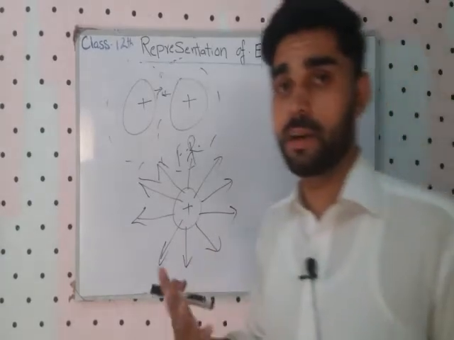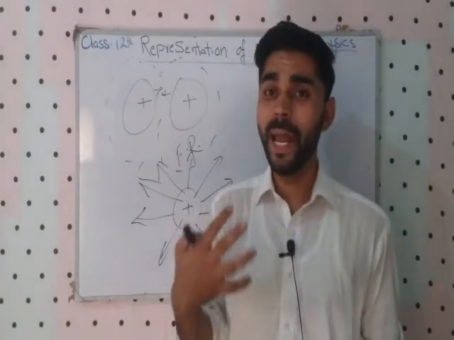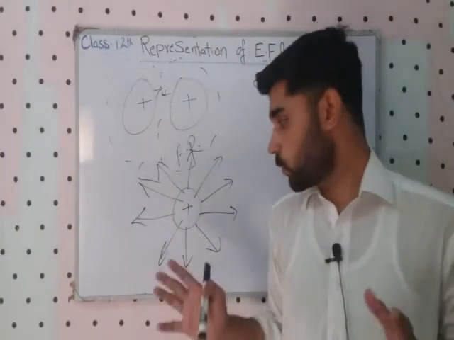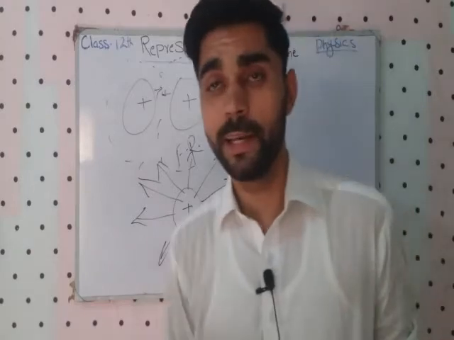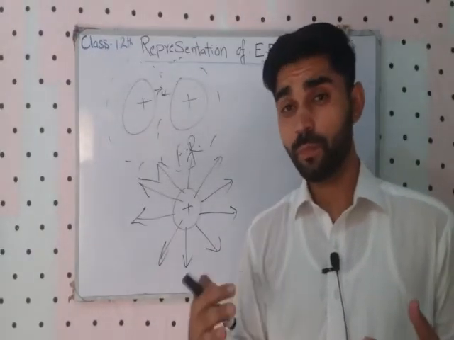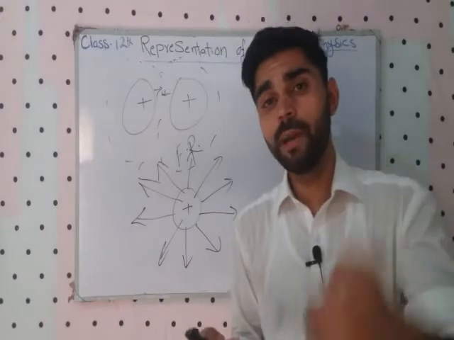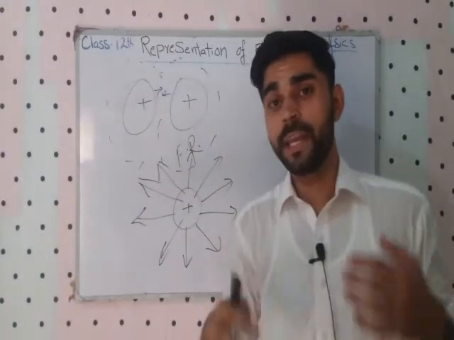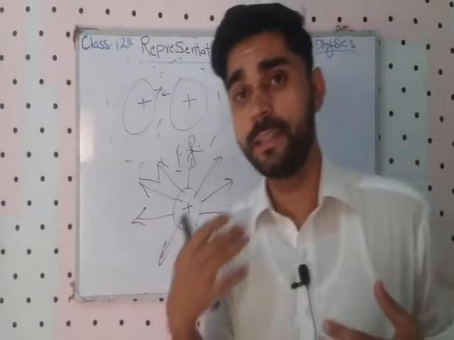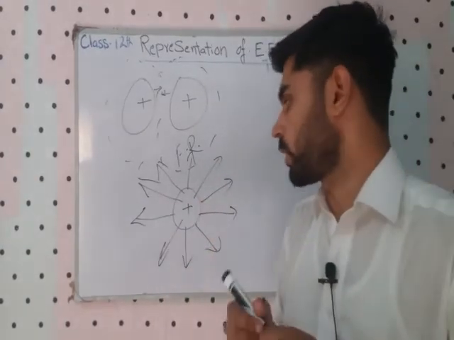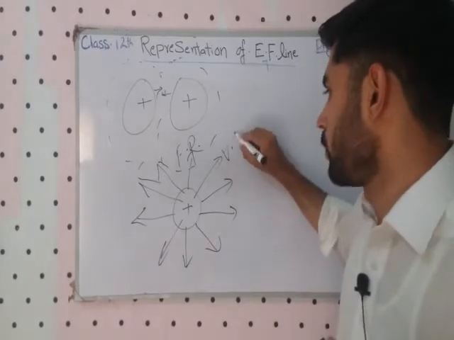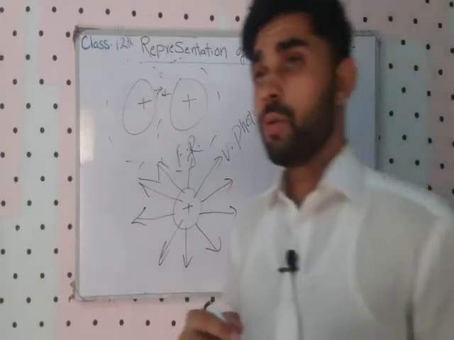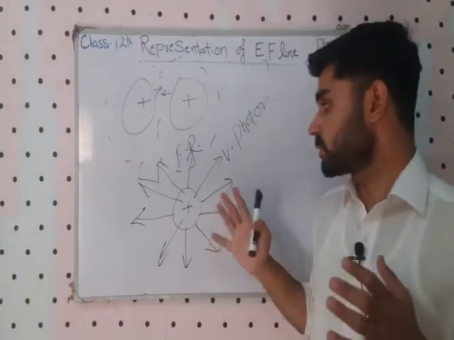This photon is called a virtual photon. Why is it called virtual photon? Because this photon is emitted very quickly. When it moves or transfers from one point to another point, we cannot detect it. That's why this photon is called virtual photon.